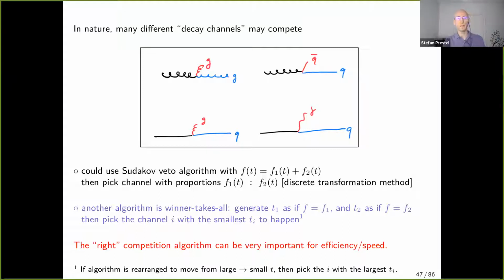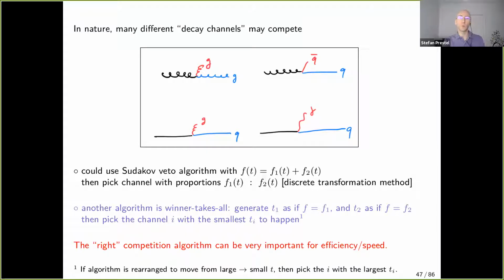So the decay that actually occurs at a particular scale t is a combination of all of these channels. And we've already learned in the last lecture that the way you handle competition between channels is relatively straightforward. I mean, you use the discrete transformation method.